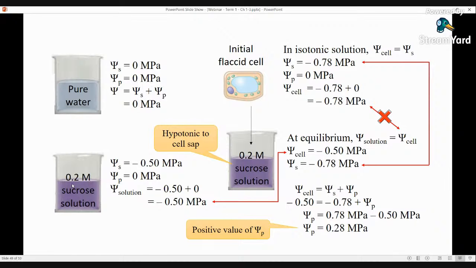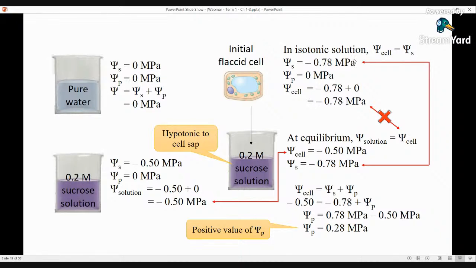In 0.2 molarity sucrose solution, the solute potential from the table is negative 0.5. The pressure potential is 0 because there is no cell wall. So the water potential for this solution is negative 0.5 plus 0.